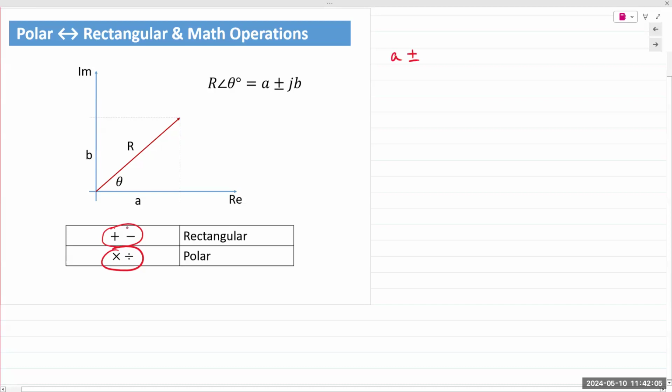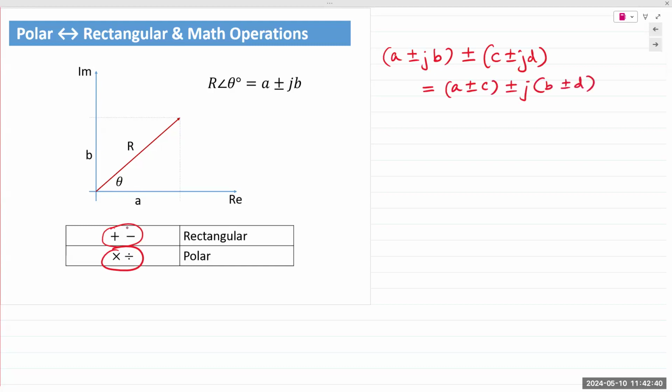Rectangular coordinates are the easiest for addition and subtraction. Let's say you have two complex numbers, a plus or minus jb, and you're trying to add or subtract another number, c plus or minus jd. It's straightforward in the sense that you combine all the real parts together and you combine all the imaginary parts together, and that's it. As straightforward as that, okay?